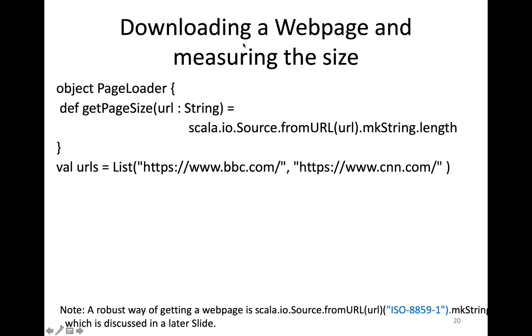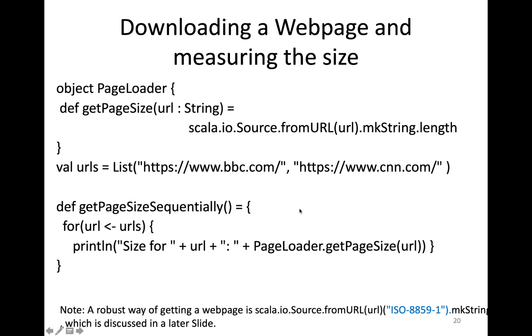Now remember what our goal is. We want to download the page, and then we want to measure the length of the page, and we have two pages to work with. The first time, let's see what happens.